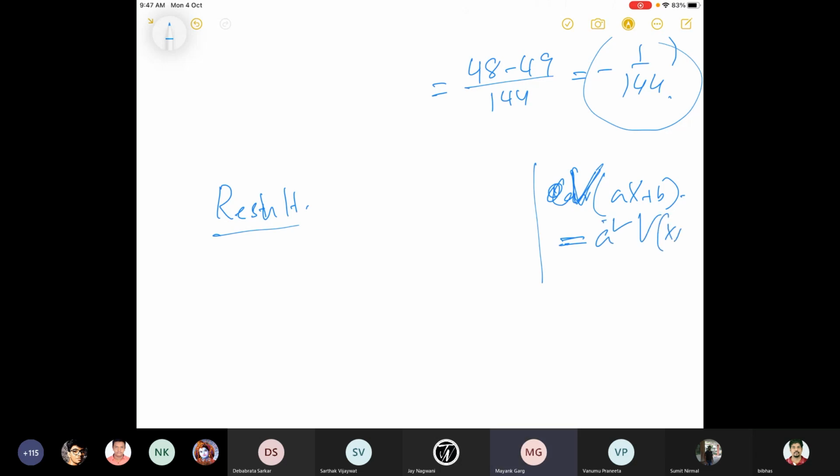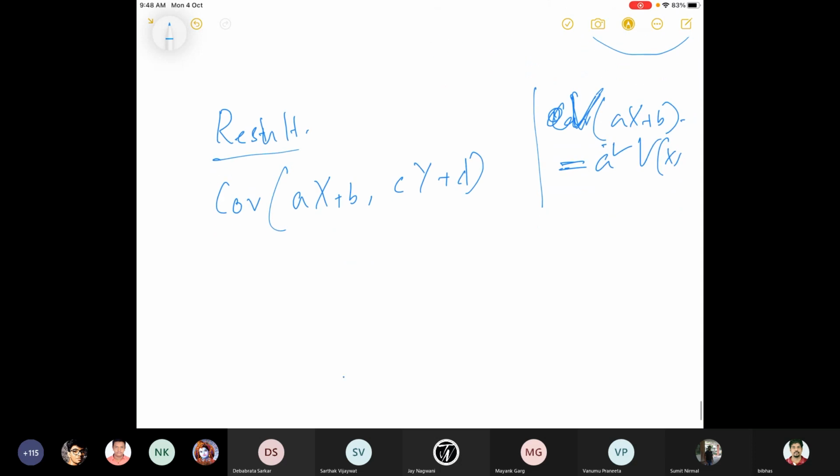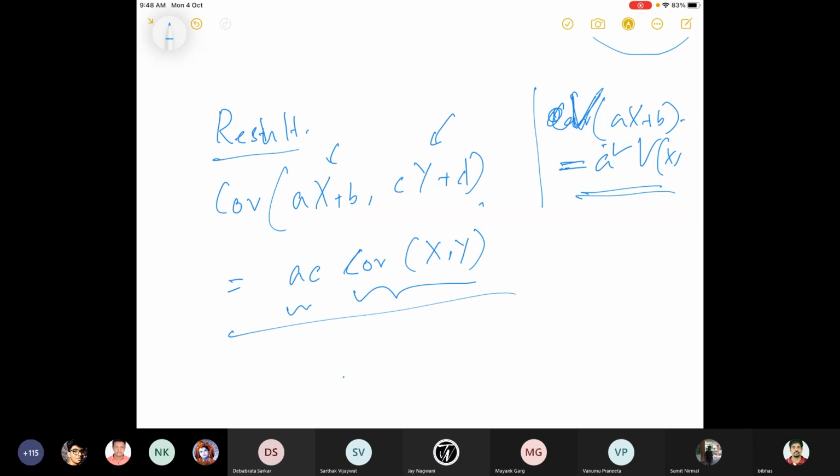So similarly, we'll try to find some formula for covariance of, let's say, ax plus b and some cy plus d. But I'll leave it as an exercise, and this will be a times c times covariance of XY. What is the guess that this will be correct? See, if I replace x by y, this should match with this formula. So x and y means this will give me the variance, and this is a square, right? So that's why a times c.